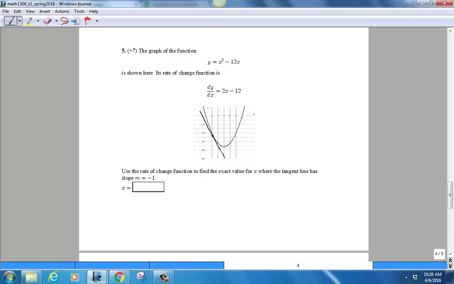The derivative is what you use to find slopes of tangent lines, right? Use it to find rates of change. That's what the rate of change function is good for. But those rates of change are the same as slopes of tangent lines.